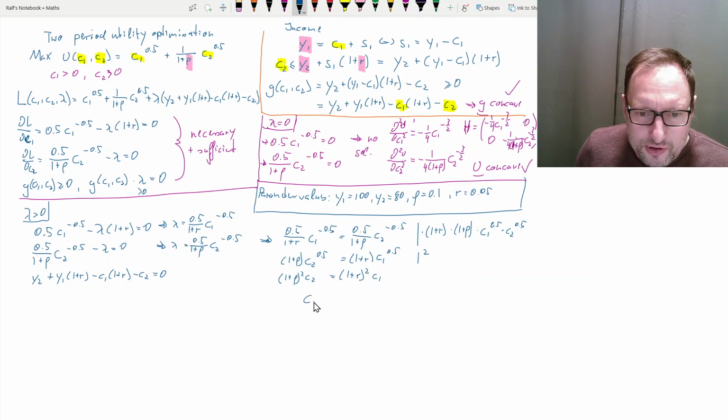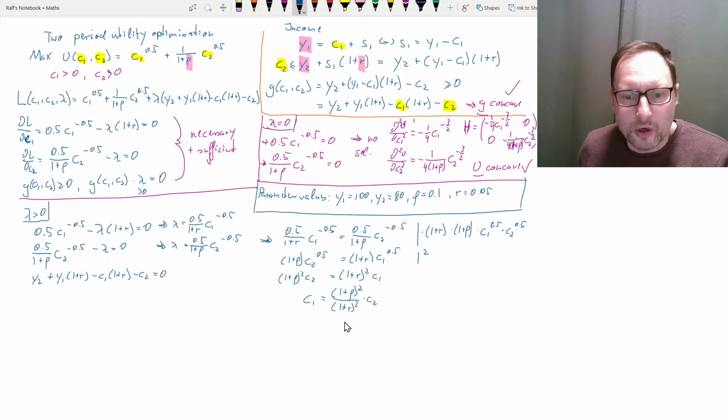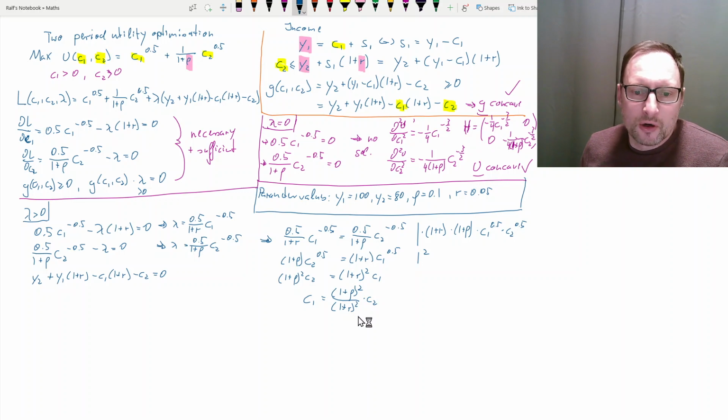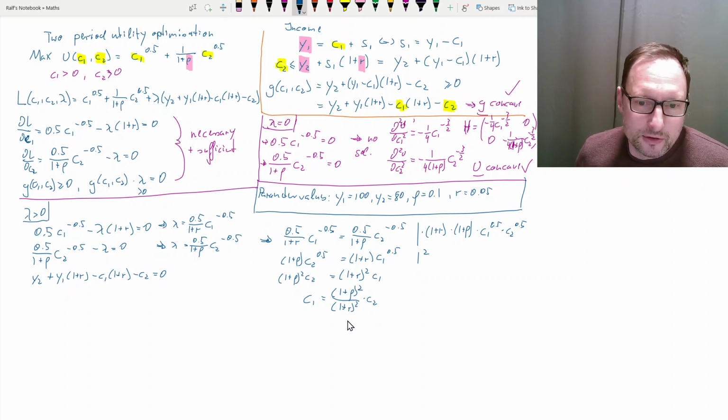And then we solve for C1, and what we get is (1 plus rho) squared divided by (1 plus r) squared times C2. So now we have C1 as a function of C2. By itself, that doesn't help us yet, because we want C1 as a function of all the things we know. That means y1, y2, r, and rho.